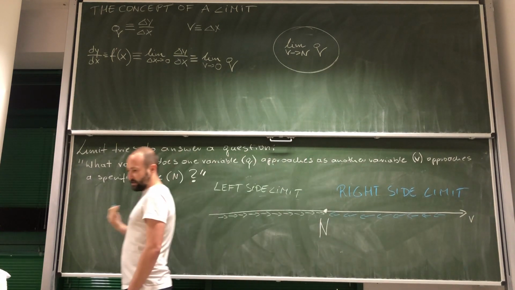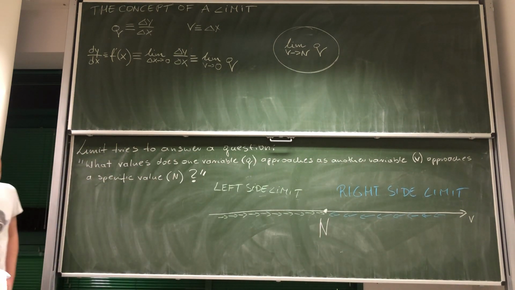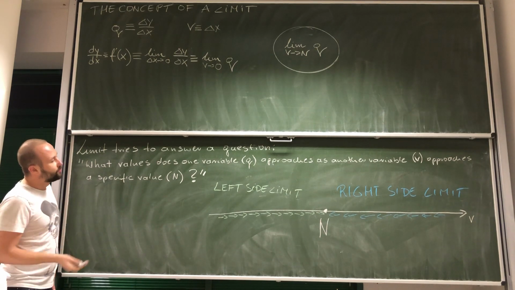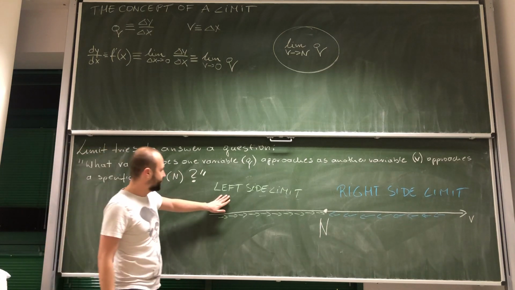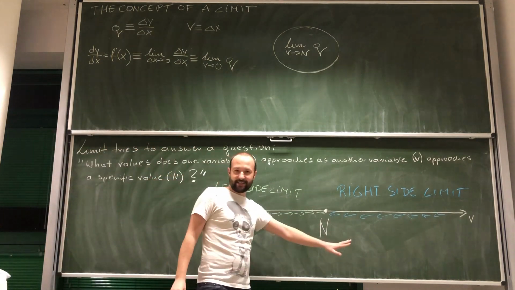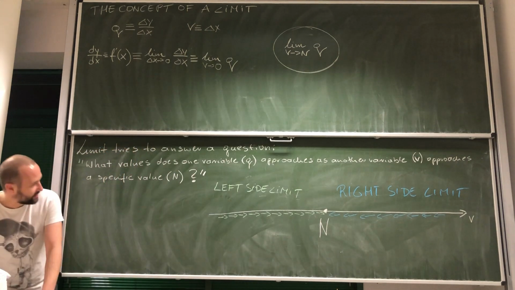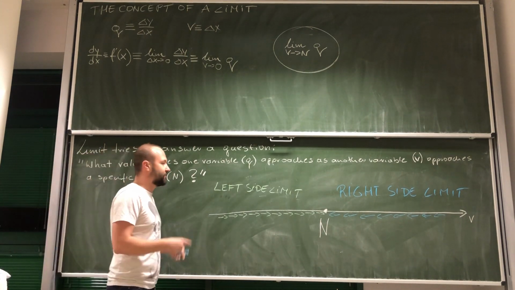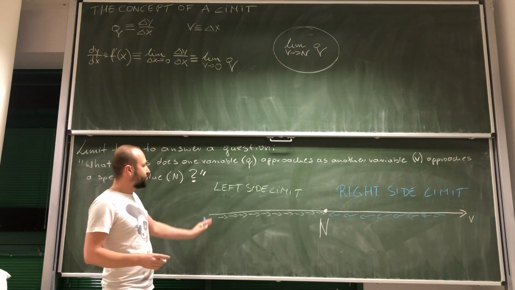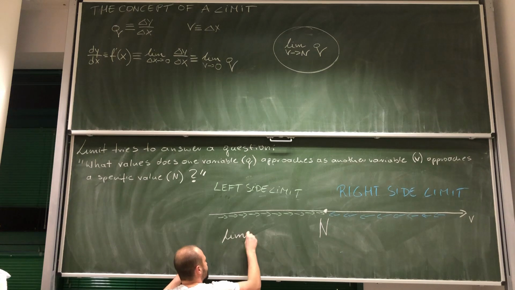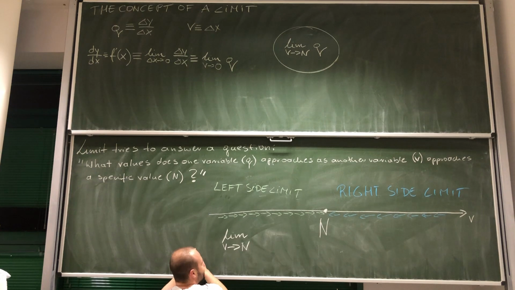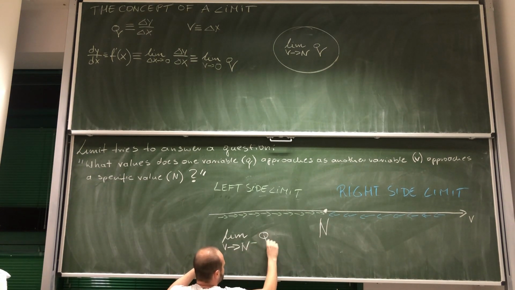Okay, so now we will use a different notation when we approach n from the left-hand side, and a different notation when we approach n from the right-hand side. When we approach n from the left-hand side, we write limit with v approaching n, and we add minus, of q.